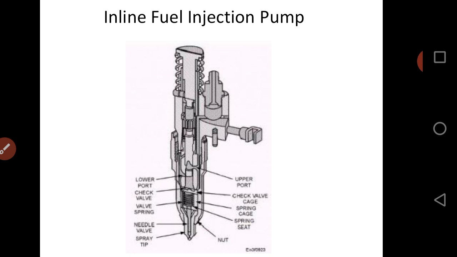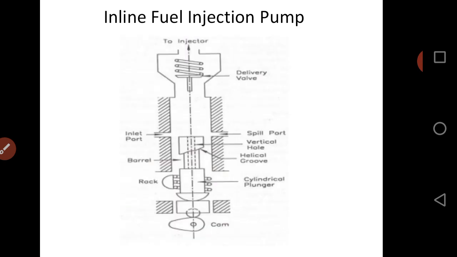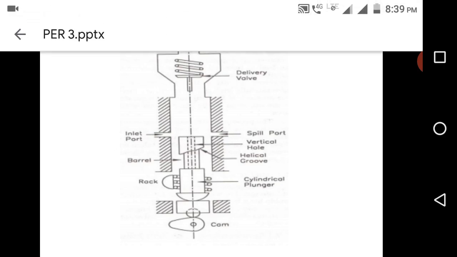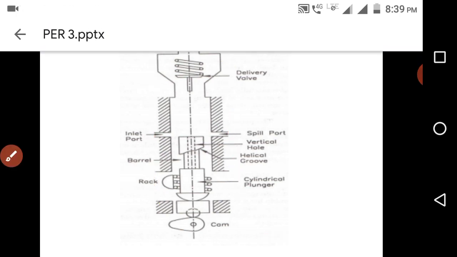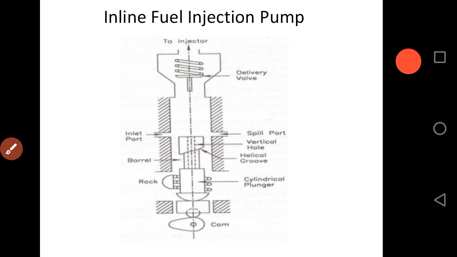In the inline pump, there is an aluminum housing. If you look, this total housing is the aluminum housing, and inside this aluminum housing there is a cam and follower assembly.